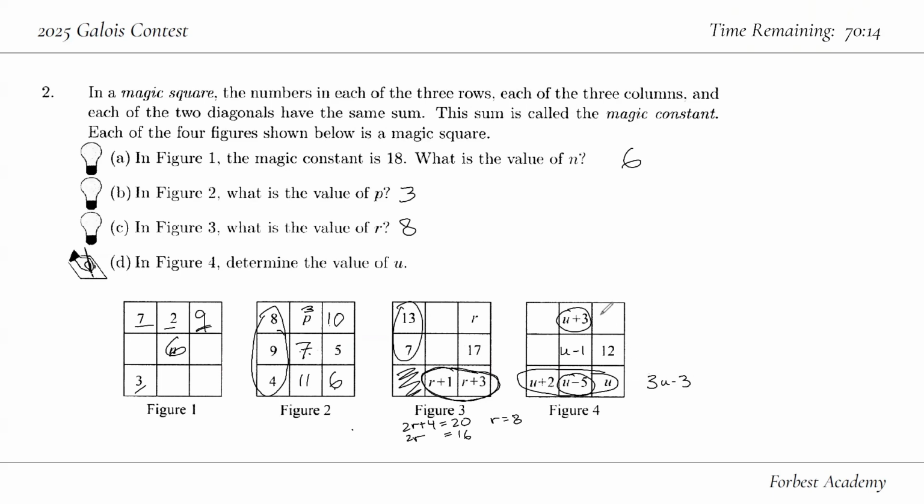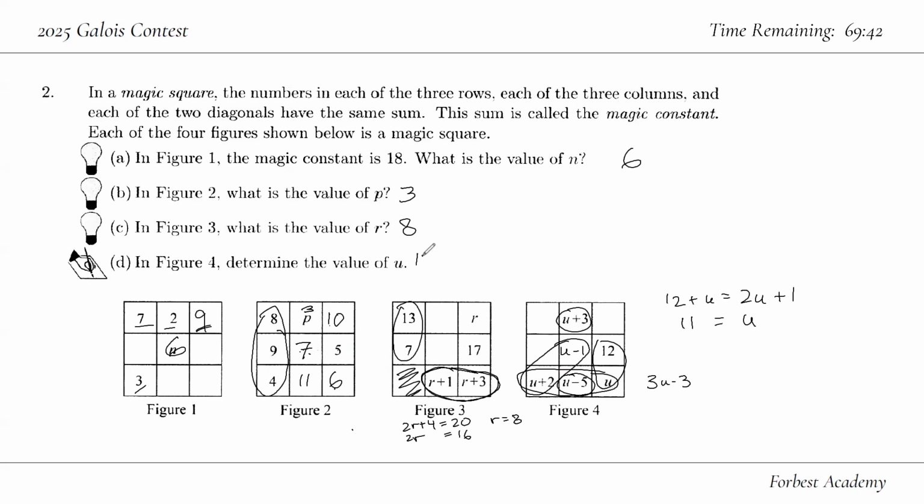And then this guy here is equal to this. So 12 plus u equals 2u plus 1, because plus 2 minus 1. This gives us u equals 11.